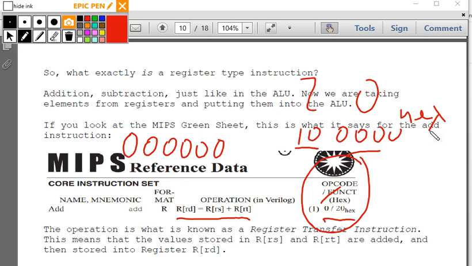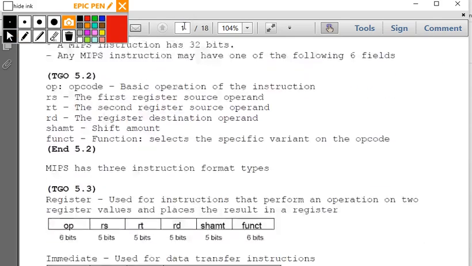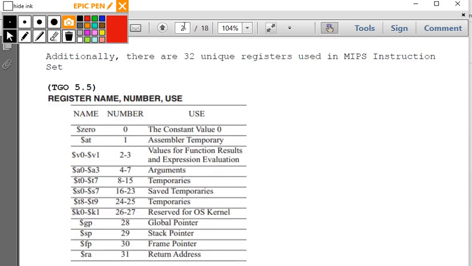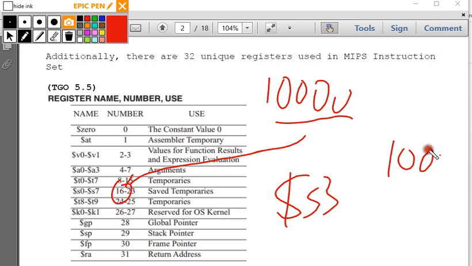Now typically, those values correspond to, if you remember all the way back, this is page 10, so I can go to page 1. If you remember this table here, those values just correspond to this number. So if I'm using saved temporaries, I start with 16, so that's a 5-bit value. So that means it's just 1, 0, 0, 0, 0. That's why S3 is just 16 plus 3 is 19, so that becomes 1, 0, 0, 1, 1.